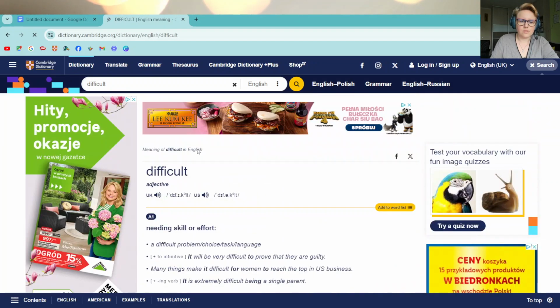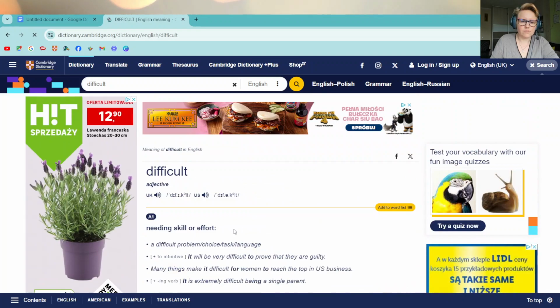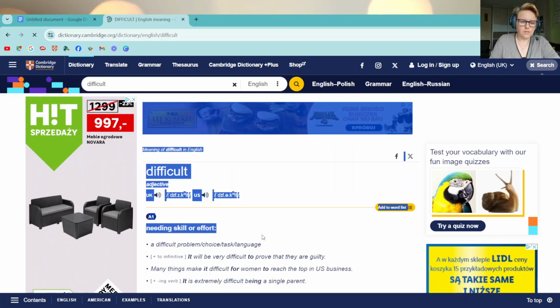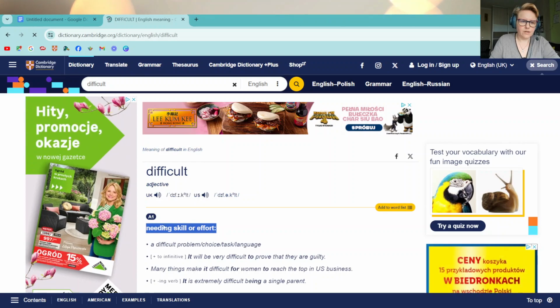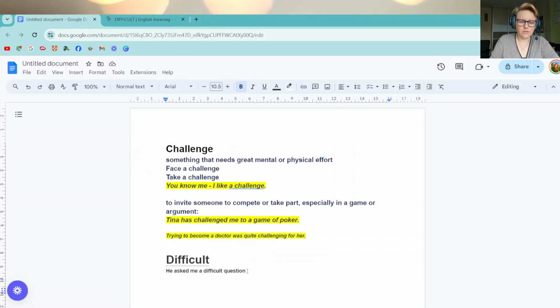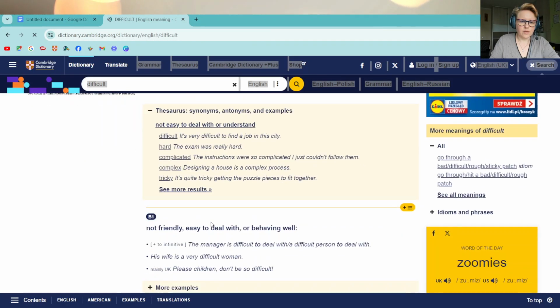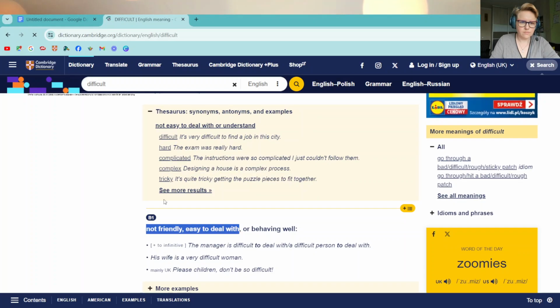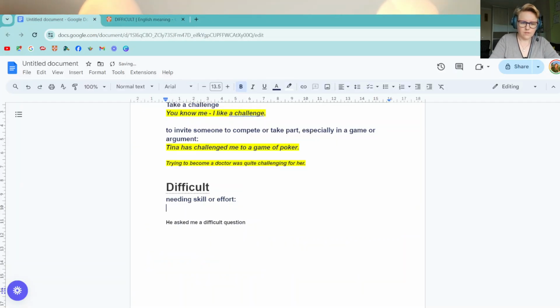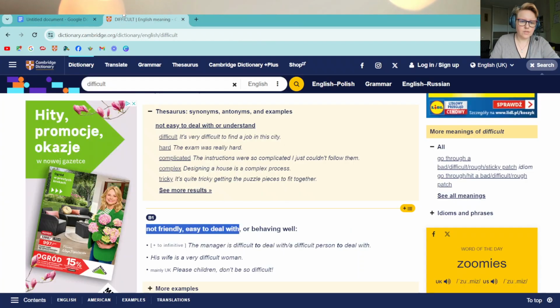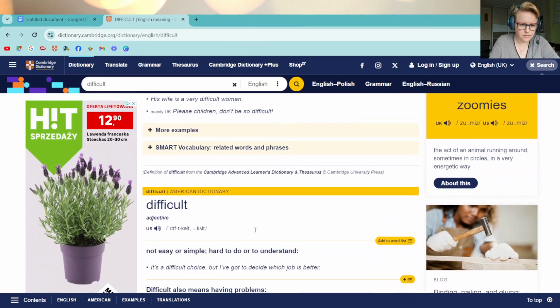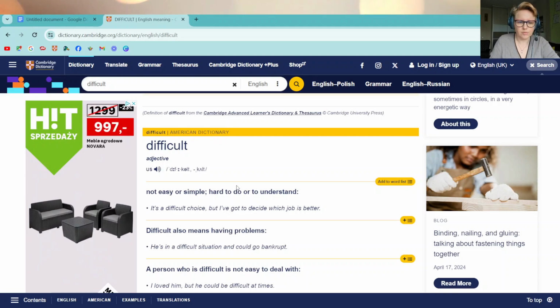Not easy to deal with. Yeah, easy is the opposite of difficult, actually. Okay, I will put that definition in here. Needing skill or effort and not easy to deal with. Okay, maybe it's not really a sophisticated definition, not easy or simple.